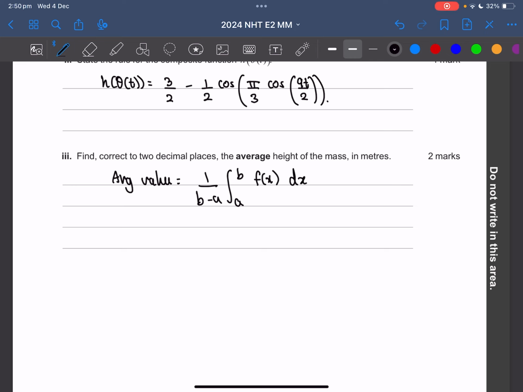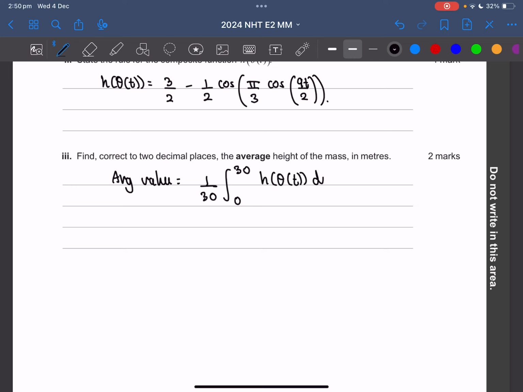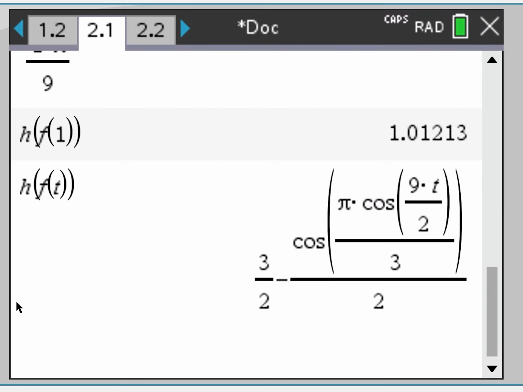So in this case, we can use the same formula. We'll have 1 on 30 minus 0, so that will just become 30. So 1 on 30 integral from 0 to 30 of h of theta of t dt. Okay, so let us do that.